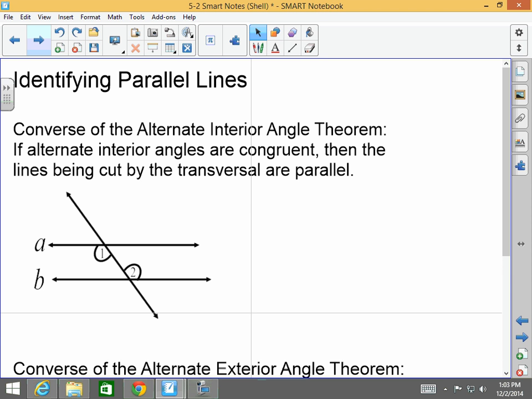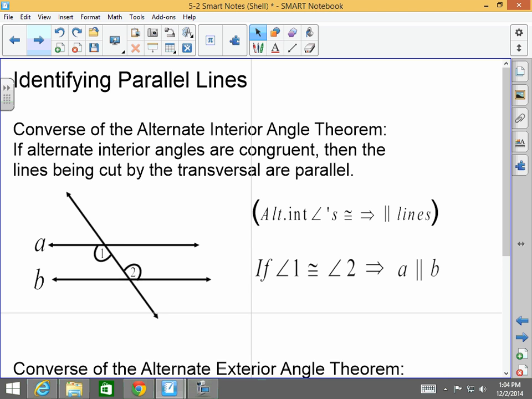And the converse of the alternate interior angle theorem states, if alternate interior angles are congruent, then the lines being cut by the transversal are parallel. What does that mean? In short terms, it means if you have alternate interior angles that are congruent, then you have parallel lines.